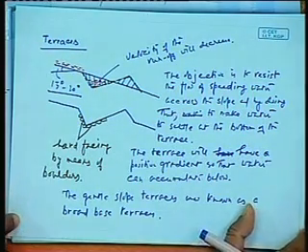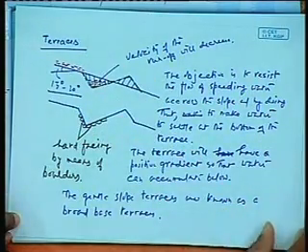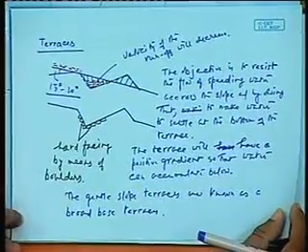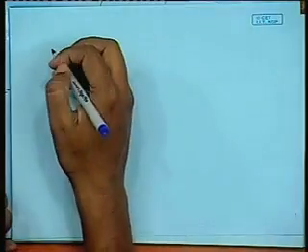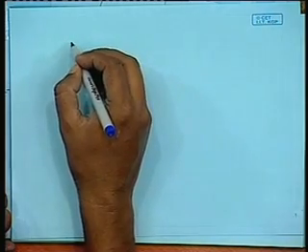So here, how do they look? This is just a cross section. If you just take a front view of a terrace, here it would look quite like this.